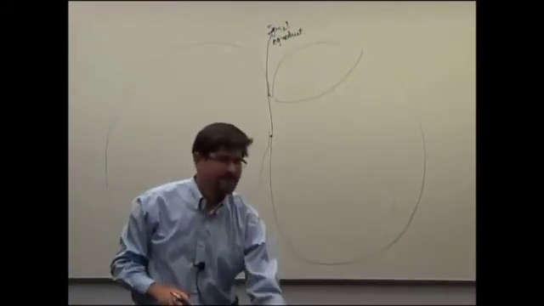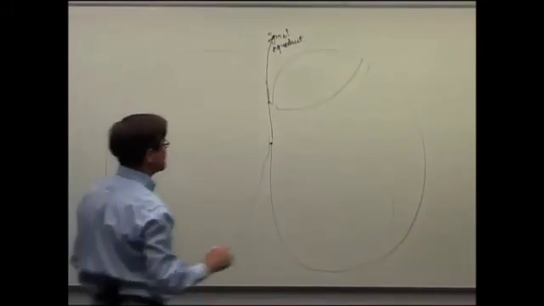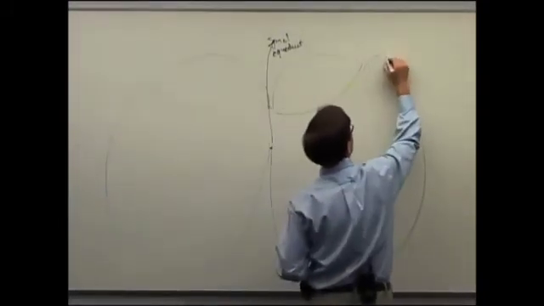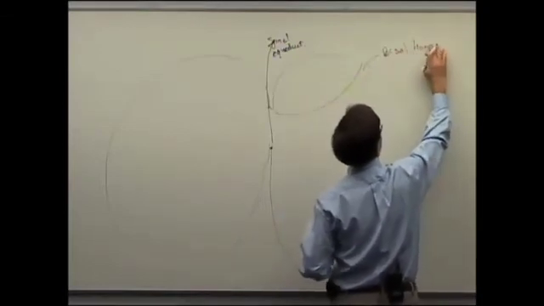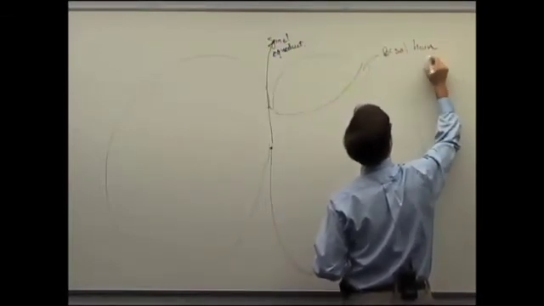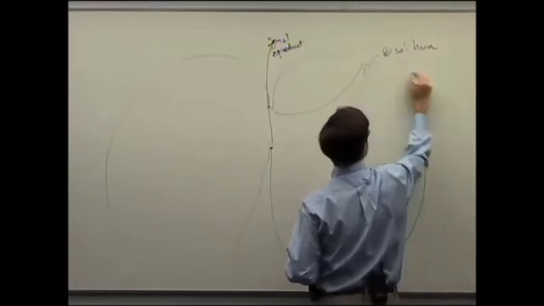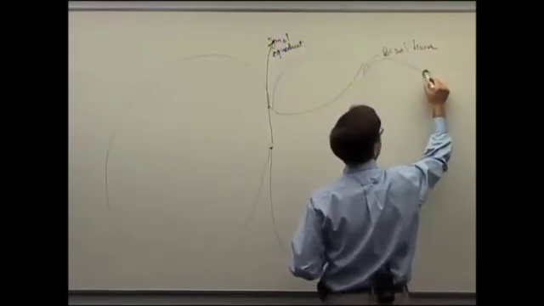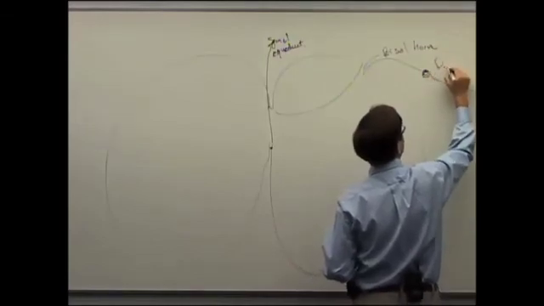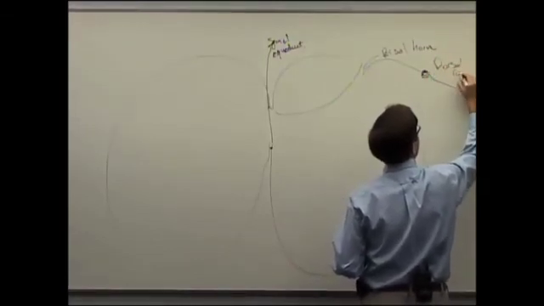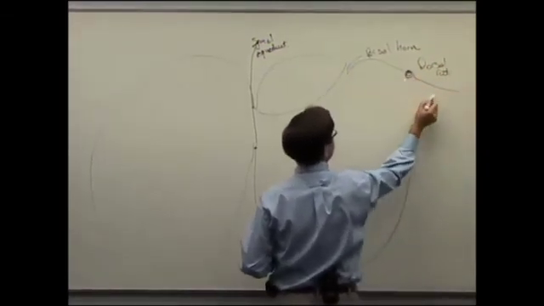So this is the dorsal horn, H-O-R-N. And we have this nerve out here, which is the dorsal root. This is the sensory coming in.